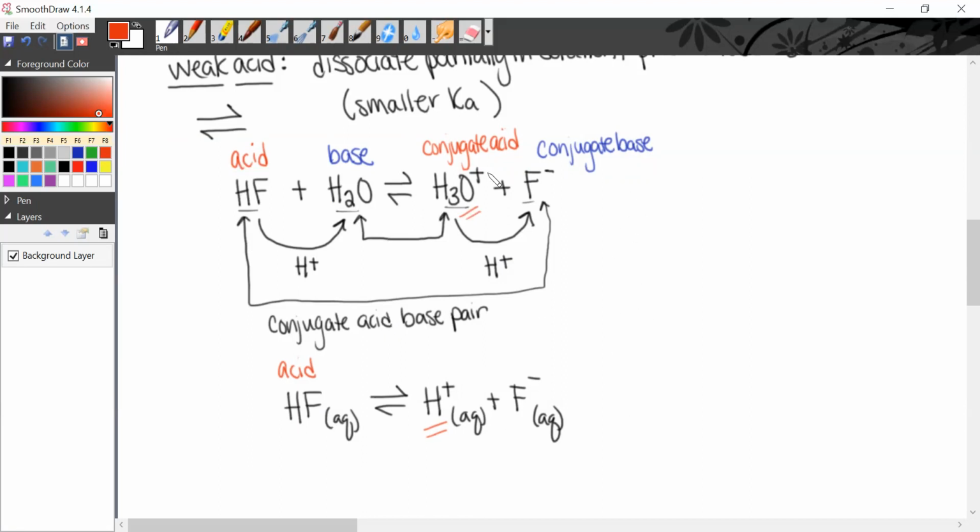So for this example here of a weak acid, we are going to get less H3O plus or H plus because it's weak.